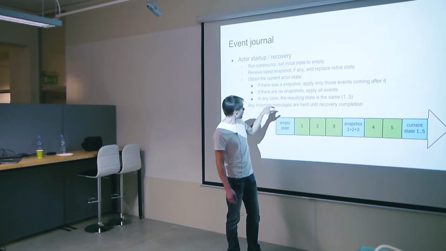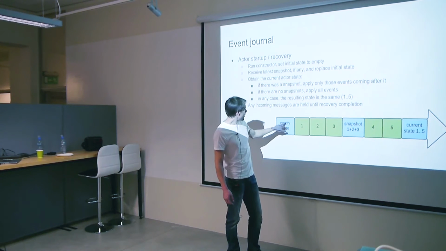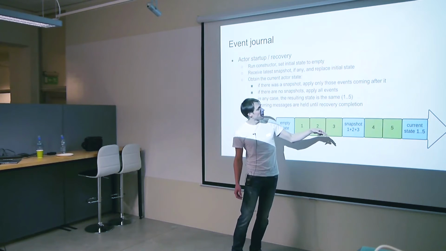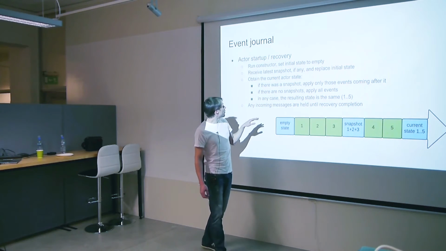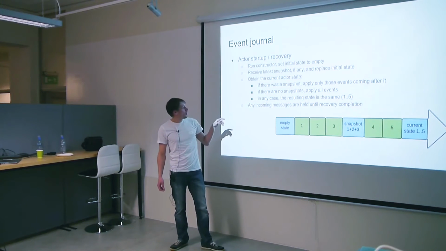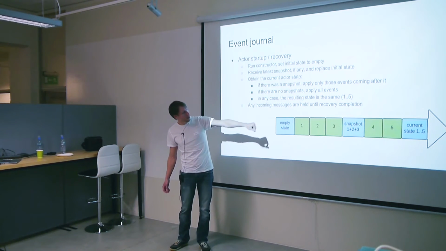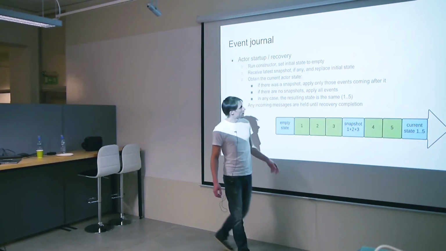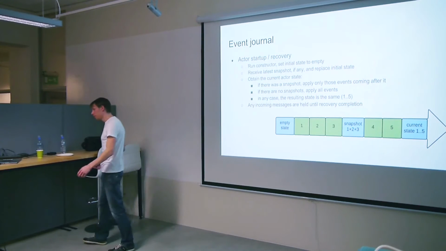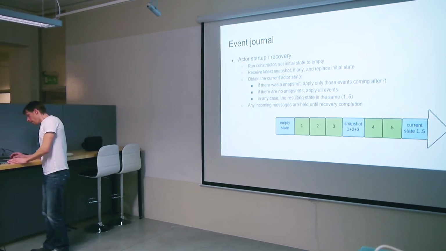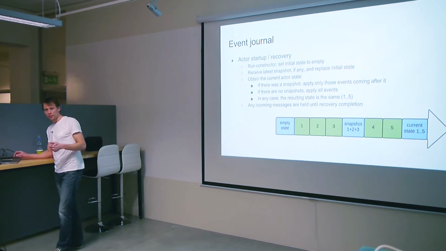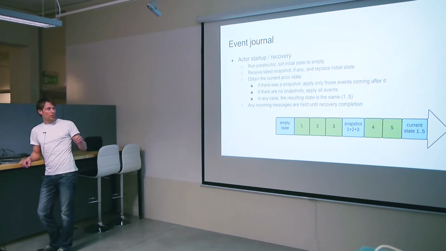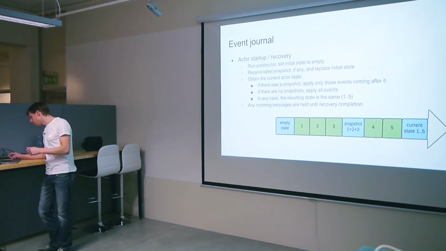If there's no snapshot, this empty state is going to be the starting state, and all 5 events will be applied. So regardless of the existence of the snapshot, the final state would be the one that captures all 5 events. This illustrates that snapshots are completely optional. And of course, while the actor is being recovered, no new messages are sent to it, so as not to interrupt the process.